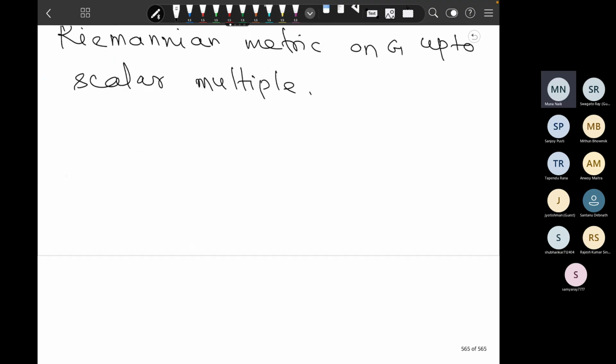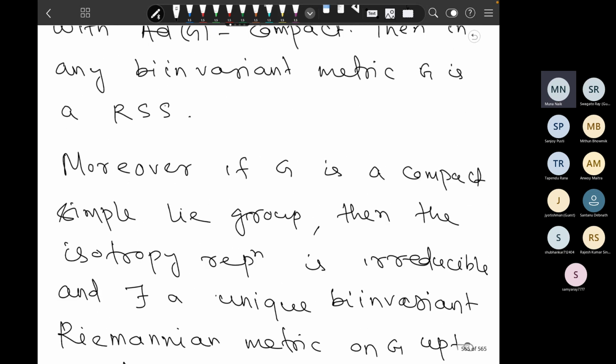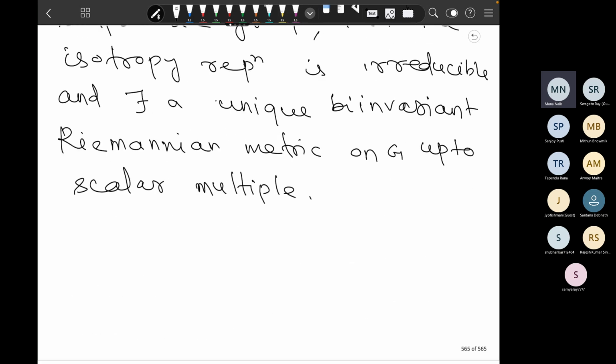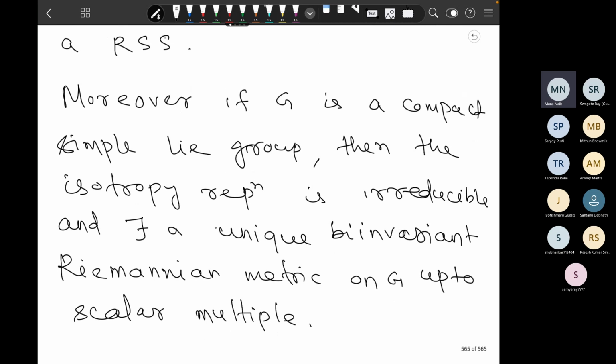So now I want to describe its Riemannian symmetric pair. What I suggest is that you just forget what you have learned about this type of results. We will first describe a Riemannian symmetric pair, and using that we will prove this result in a different way.